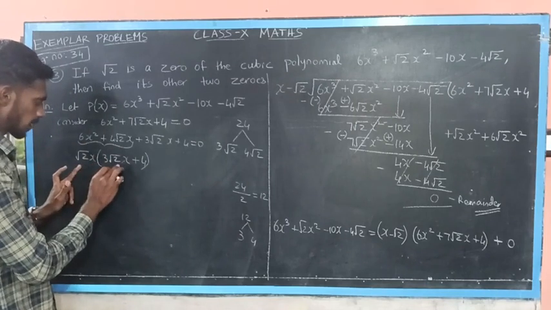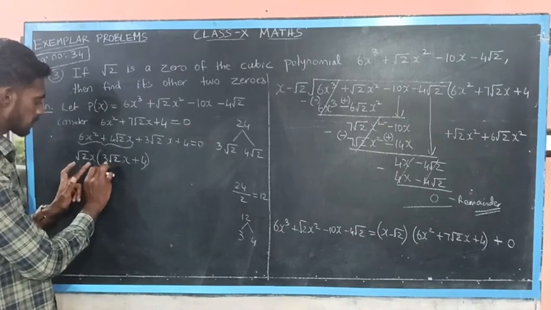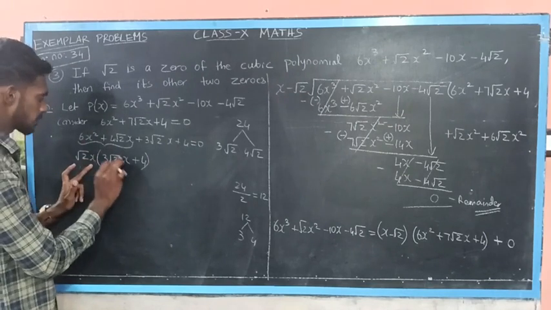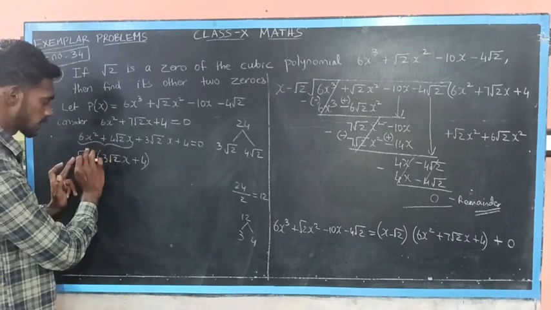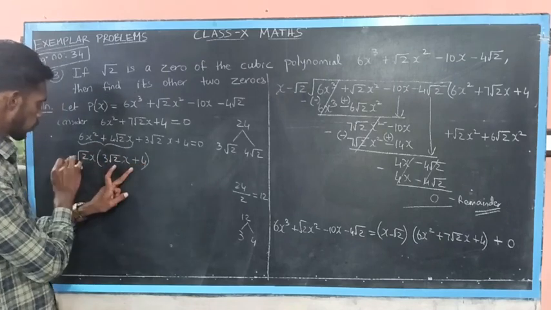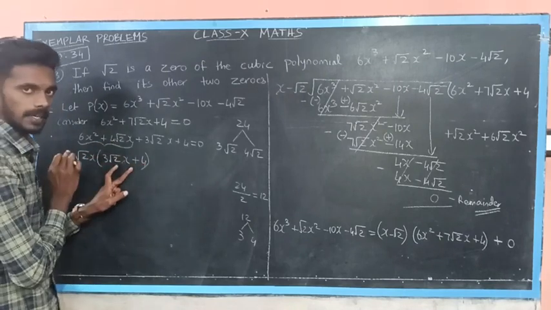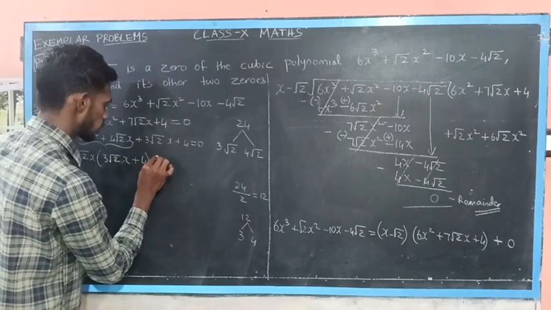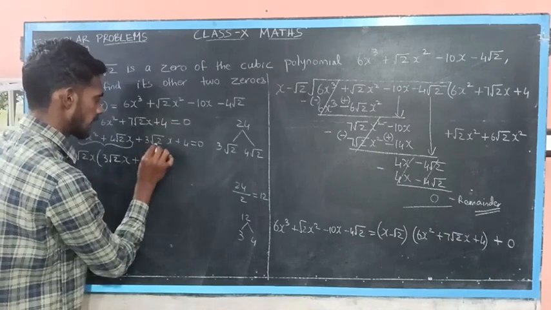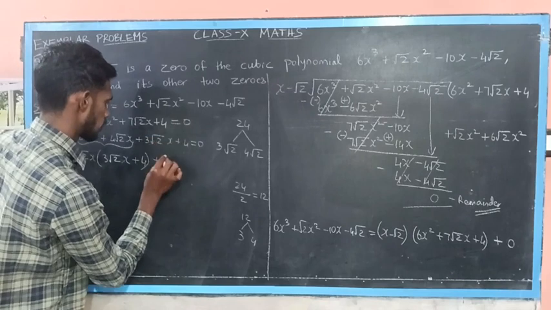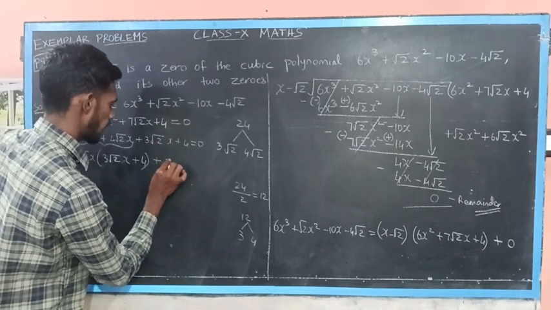So root 2 into root 2 becomes 2, 2 into 3 becomes 6, x into x becomes x square. So it is 6x square plus 4 root 2 x. Okay. Then from these two terms, let me take 1 as common. Okay.